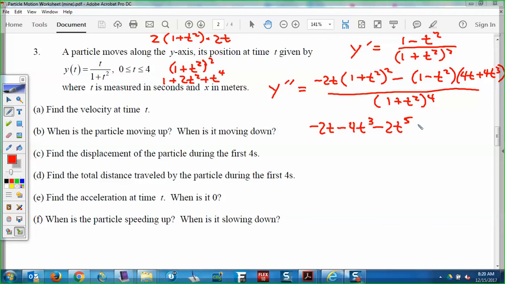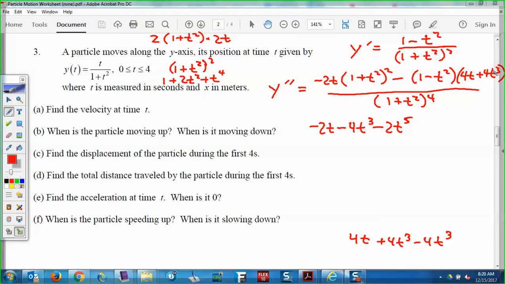Okay, now I got a FOIL right here. Now I got a minus. Well, I'm not even going to put that minus yet. I can put that minus to wait on that. So now I got a FOIL right there. Okay, so let's FOIL that. That'd be 4t. Outers would be 4t cubed. Inners would be negative 4t cubed. That's nice.